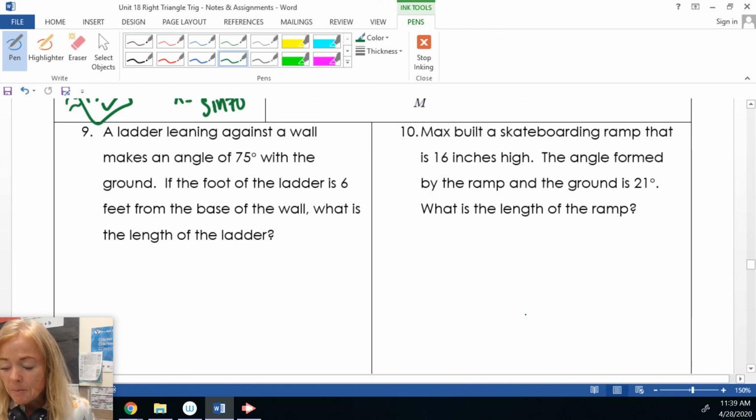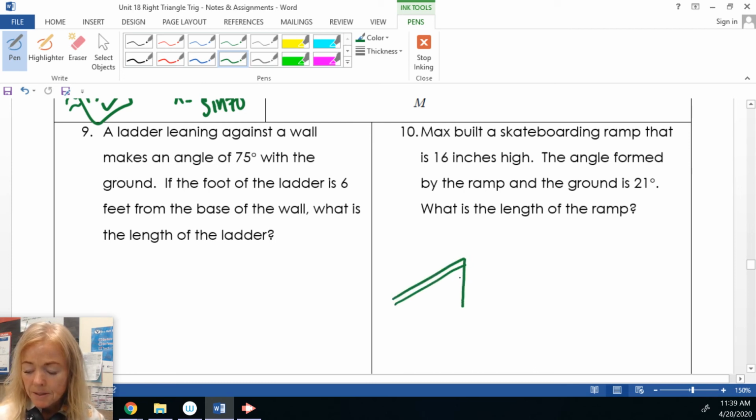Max built a skateboarding ramp, we'll do number 10, that is 16 inches high. So here's his ramp, and it's 16 inches high, in the form of a triangle. The angle formed by the ramp and the ground, so that's this angle here, since this is the ramp and this is the ground, is 21 degrees. What is the length of the ramp?